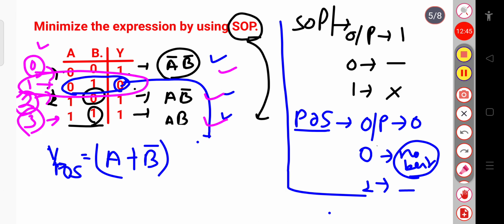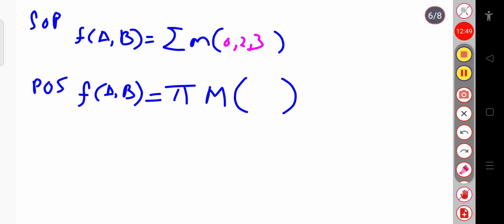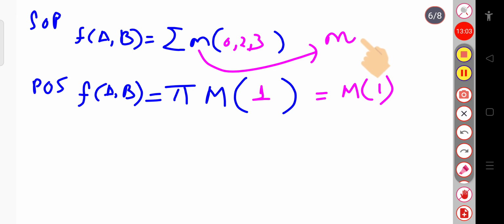So this only term is 1. The product over M will be 1. Since only one term is present, there is no need to take the product. So this is simply the maximum term 1. Small m means the minimum term, and capital M represents the maximum term.